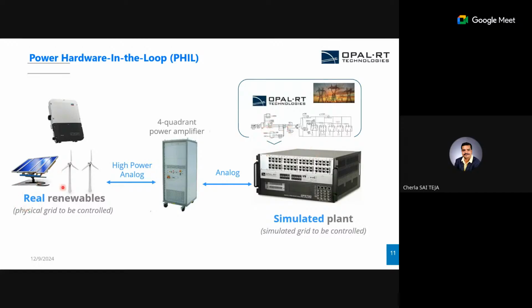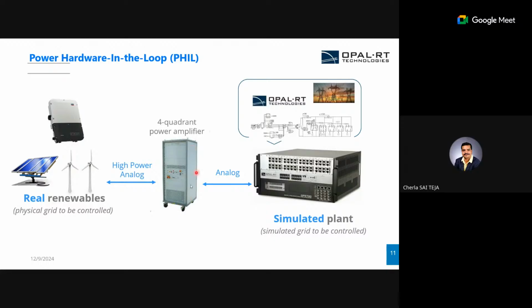In that, I can have one physical solar PV inverter connected to the simulated plant. How is this achieved? We have 4 quadrant power amplifiers, which help in including these solar PV inverters or a DFIG based wind generator into the simulated plant.